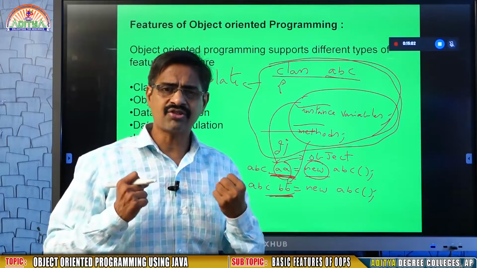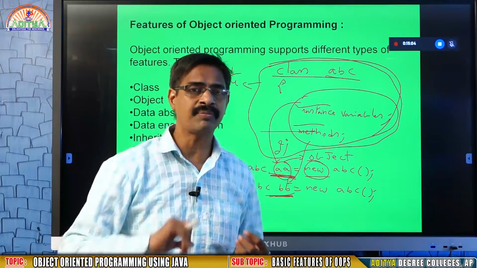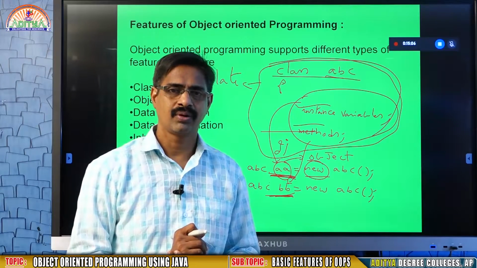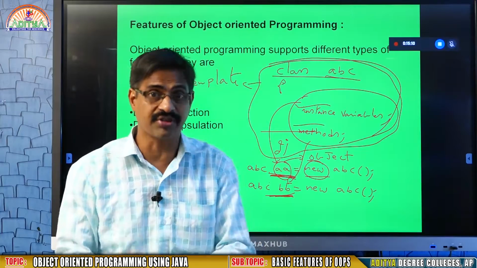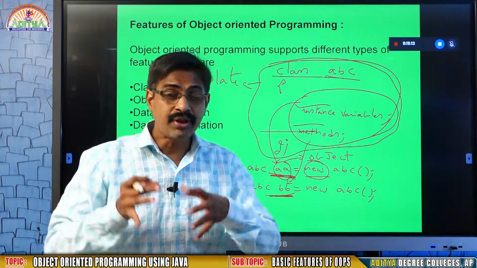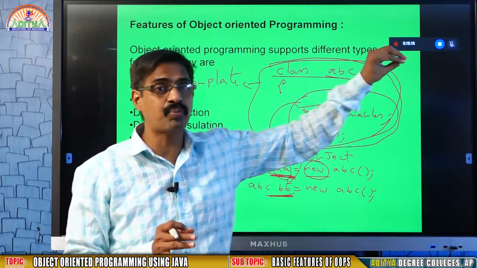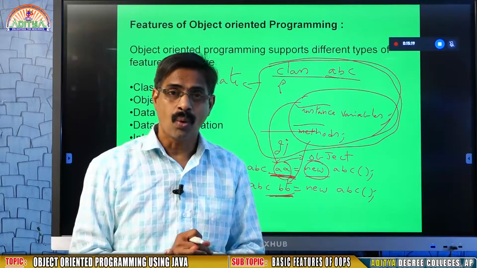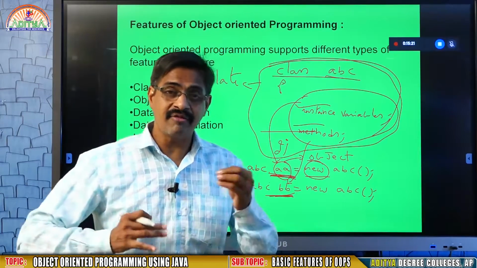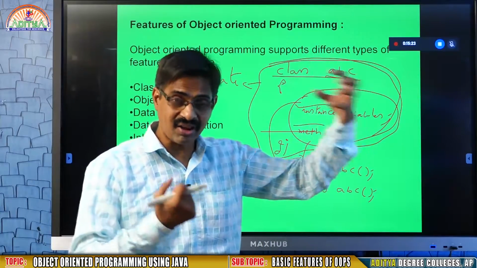Just think of yourself and myself, both are objects. Once the Kumar object starts, this Kumar forgets the class Person, because now I am an independent object. Everything in my mind has been copied from my class into me.